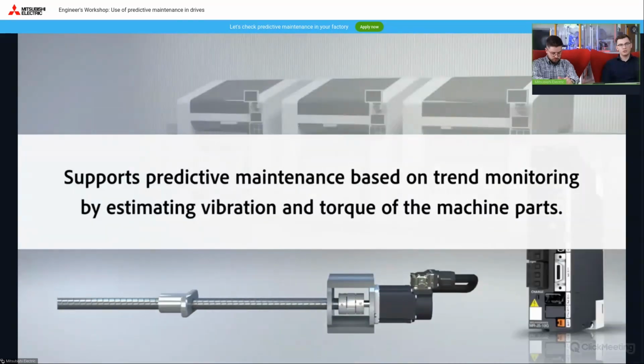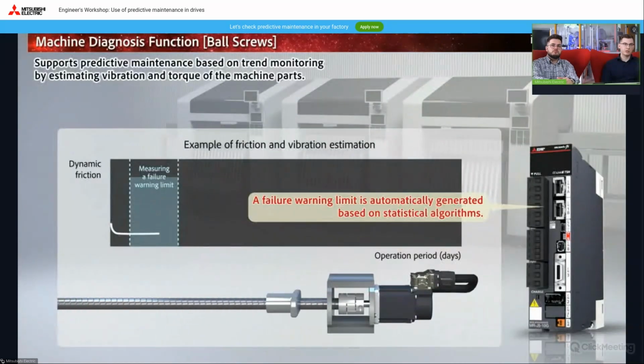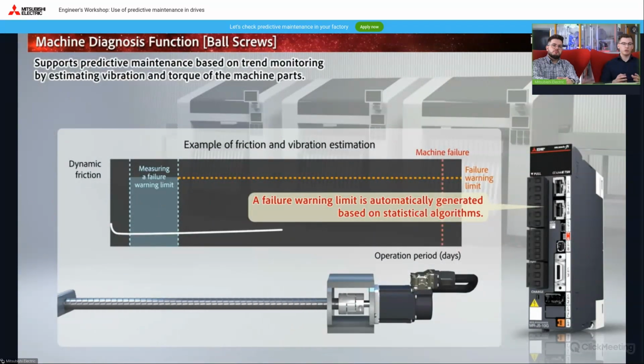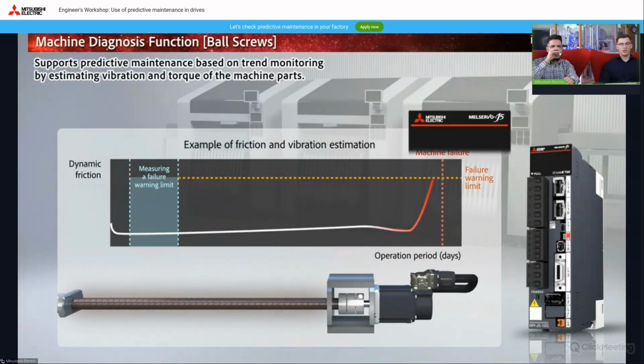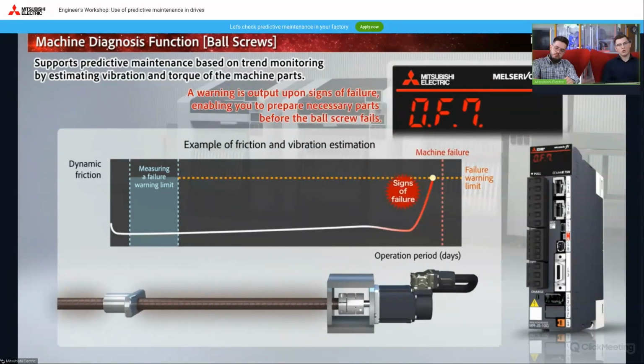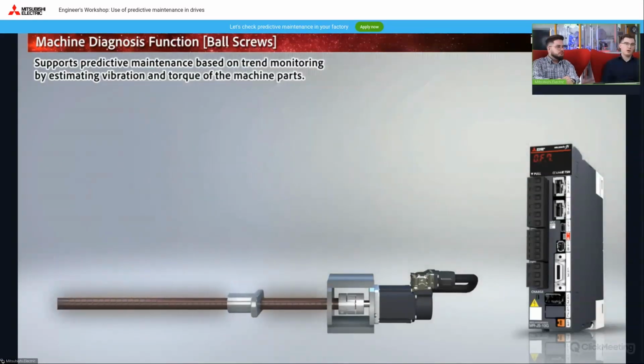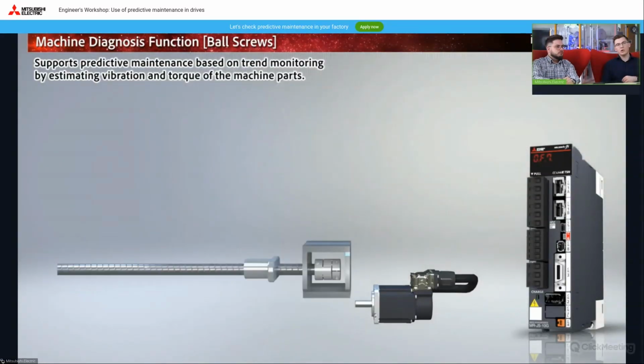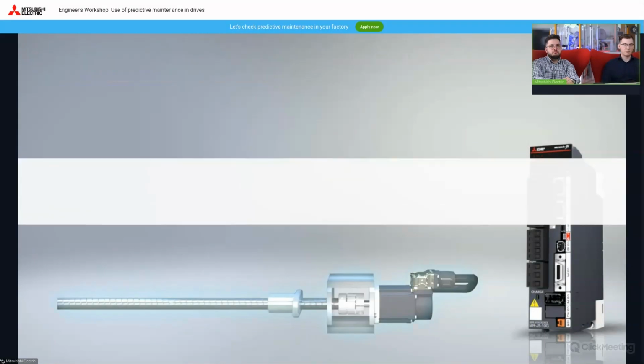What happened? Firstly, our function, that later Adam will show us, is collecting the data and monitoring for 90 hours how the machine is responding. With this data, it will set the ranges of normal work. And after a few months, maybe a few years, when this range is exceeded, we'll have an alarm on the servo drive.